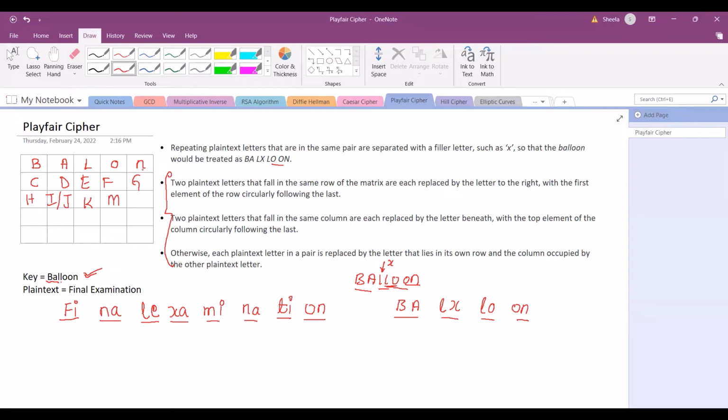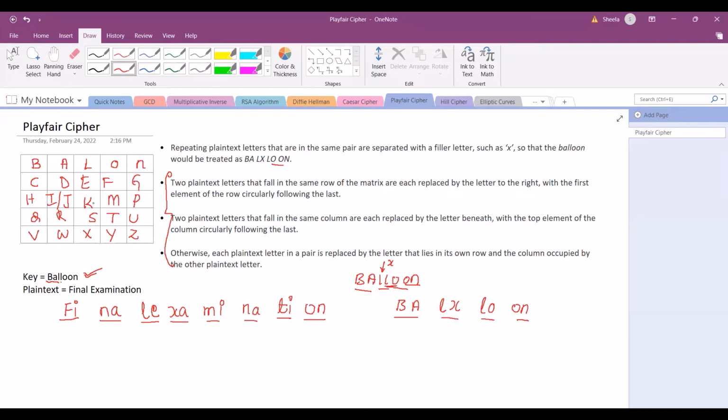M, N is also there, and O is also there. Then P, Q, R, S, T, U, V, W, X, Y, Z. So this is how we construct the matrix.